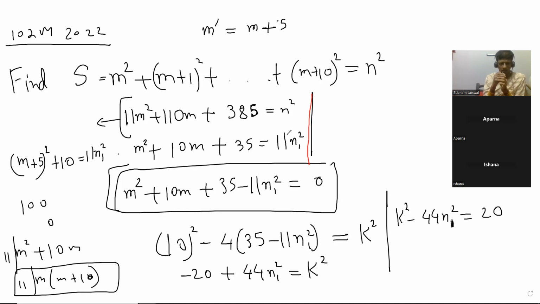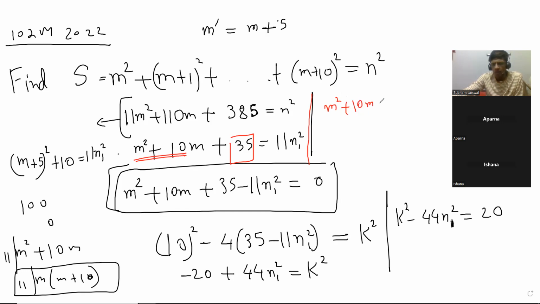Because you see, this thing is divisible by 7, right? Can you show that this is divisible by 7? It is not. Then I don't know, I'm just giving suggestions, okay?